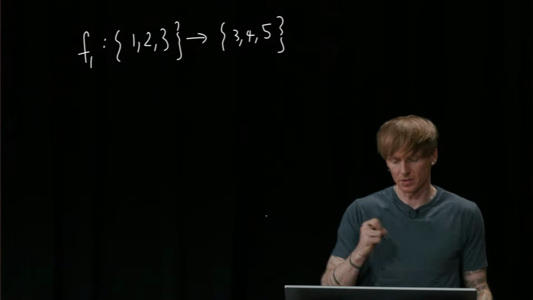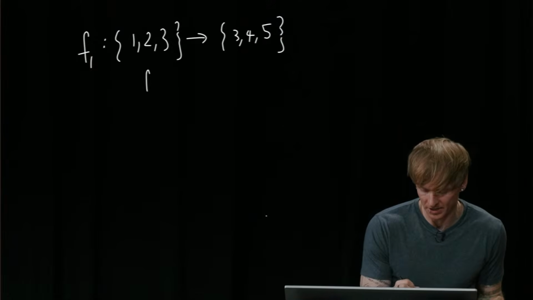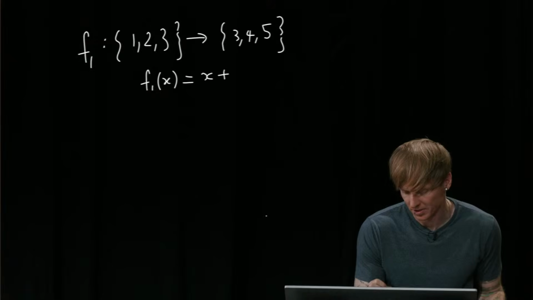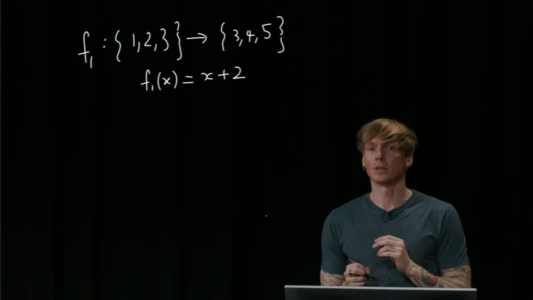For this function, f1 of x is x plus 2. We should be careful to specify exactly what the function is doing. So we're adding 2 to those numbers.